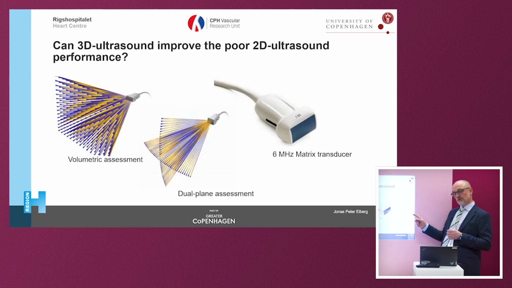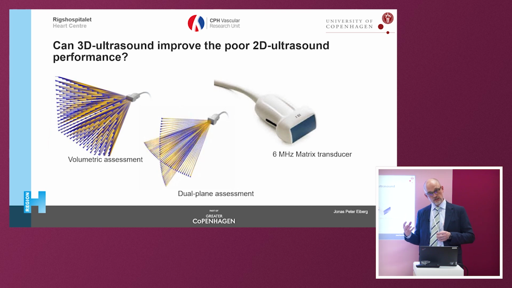And so I would like to try to persuade you that you should consider using a 3D reconstruction of the aneurysm instead, because then most of these potential mistakes will be solved. To do this, you need a matrix transducer.